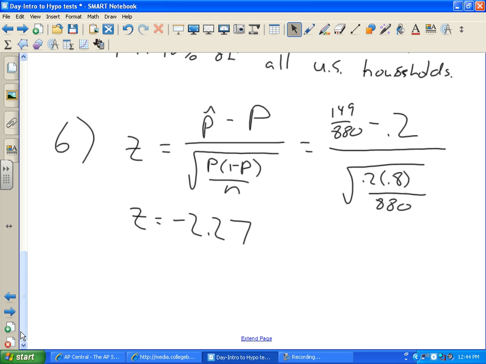Okay? And what we've done with our statistic here, we said, based on this data set, this sample, p hat, is negative 2.27 standard deviations below average. Does that idea make sense? That's what the z-score means. Okay?